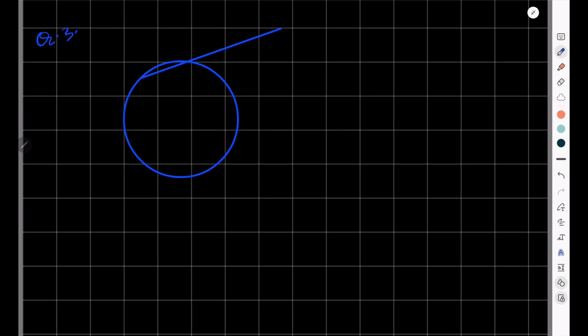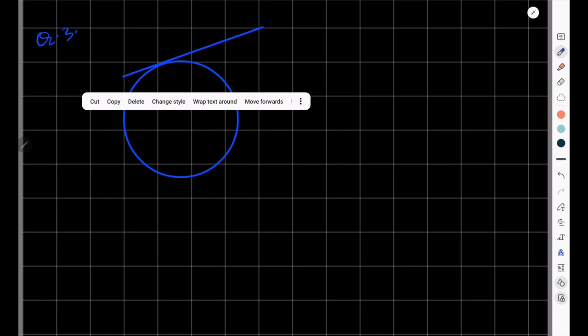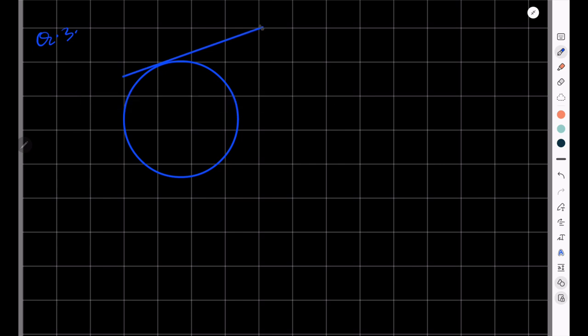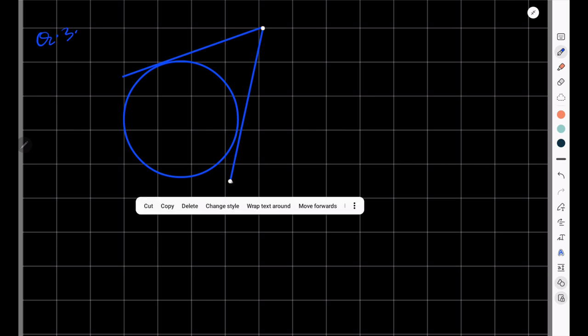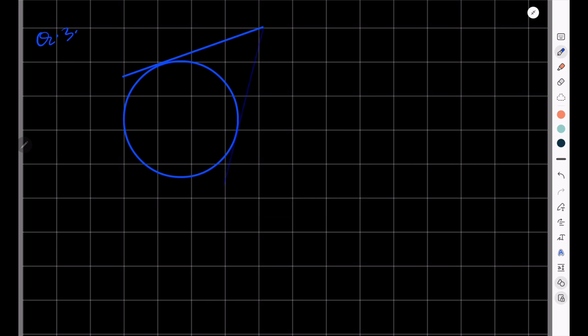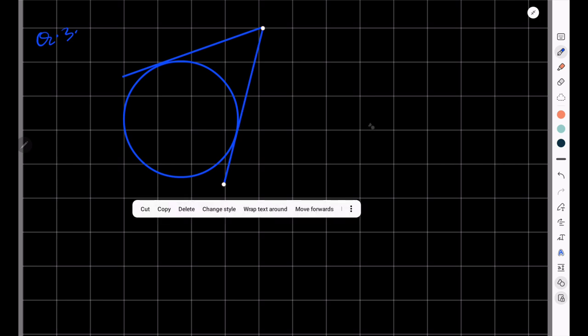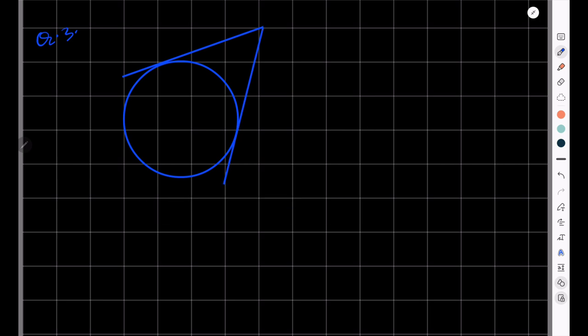Let me just make it as a tangent, and maybe from here also we have to make it in the form of a tangent. It needs a little bit of adjustment, no problem.